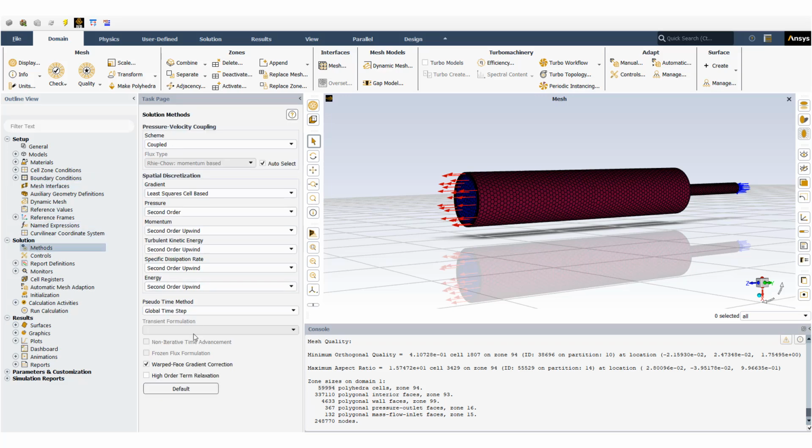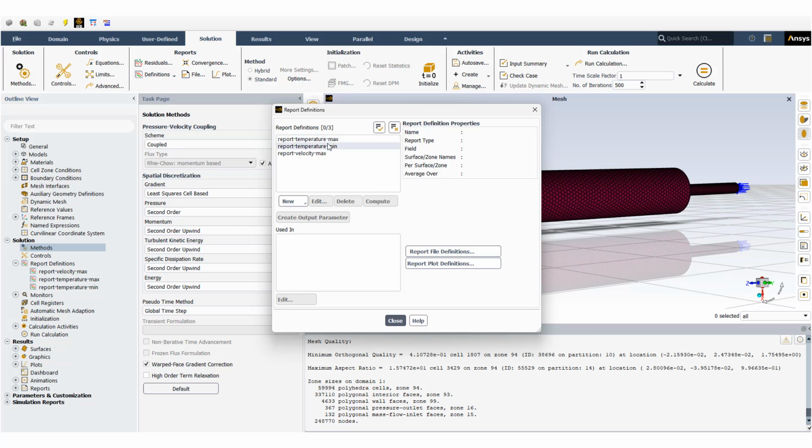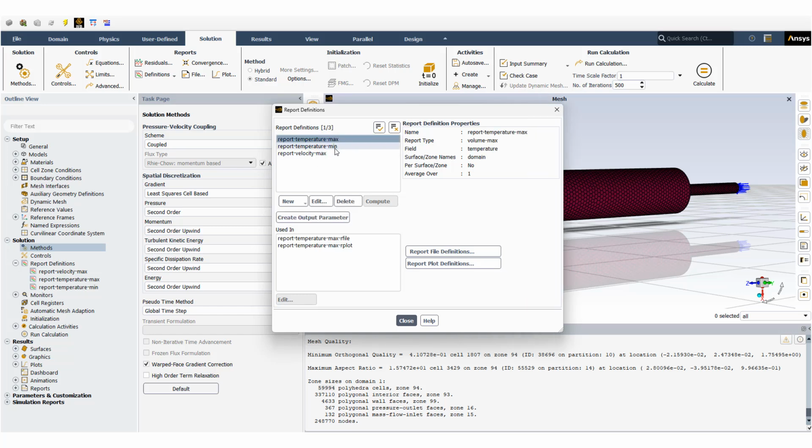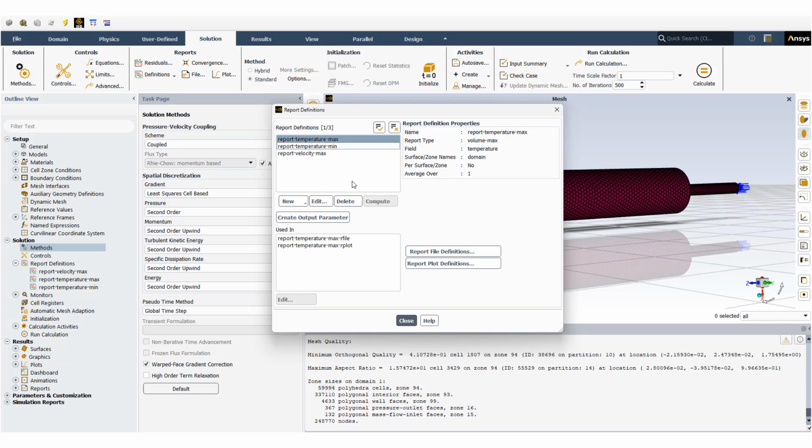Methods, almost is by default. Be sure that I just consider the second order upwind condition. For report definition and monitors, I already define three monitors there to report max temperature, mean temperature, and max velocity in the domain.